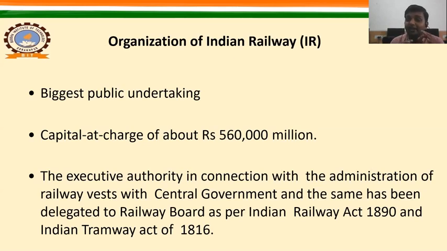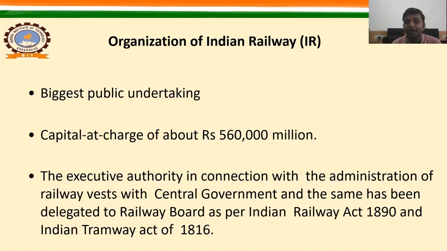The executive authority in connection with the administration of railways rests with the central government, and the same has been delegated to the Railway Board as per the Indian Railway Act 1890 and the Indian Tramway Act of 1816.